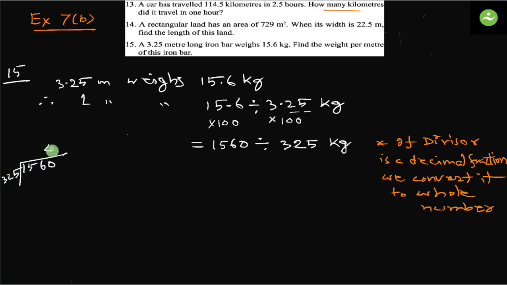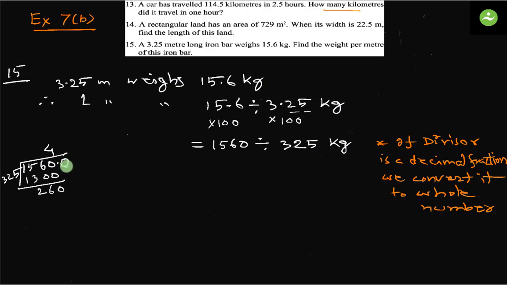4 times 325 equals 1200 and 100, 1300. So remainder is 260. Now we need to convert 1560 into a decimal fraction so that we get an extra 0.